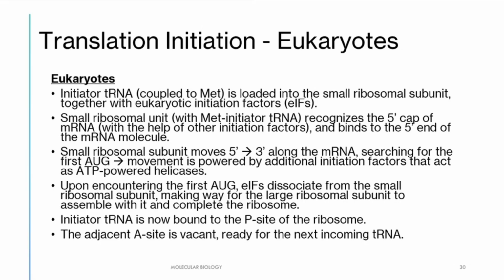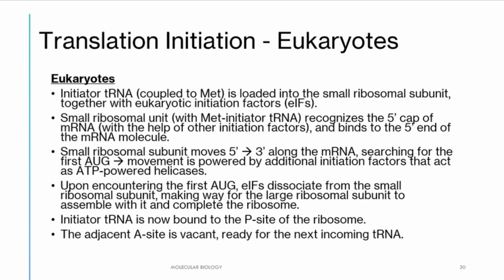The small ribosomal subunit with the tRNA is going to recognize and bind to the 5' cap of the mRNA. Then it's going to move along the mRNA in the 5' to 3' direction, searching for the start codon AUG. Of course, there are also a lot of other molecules which help with the process.